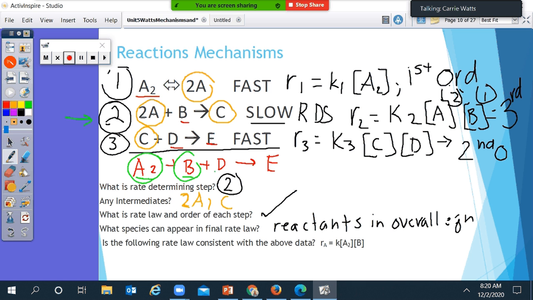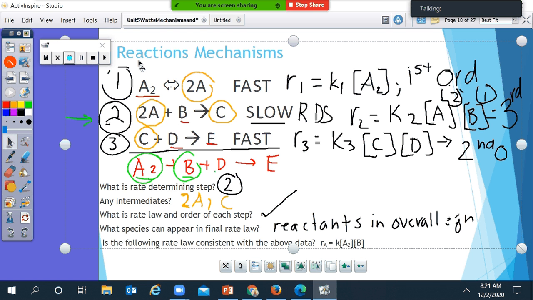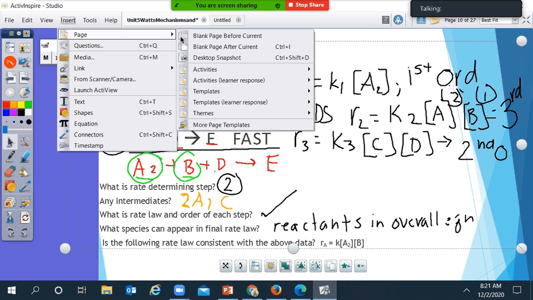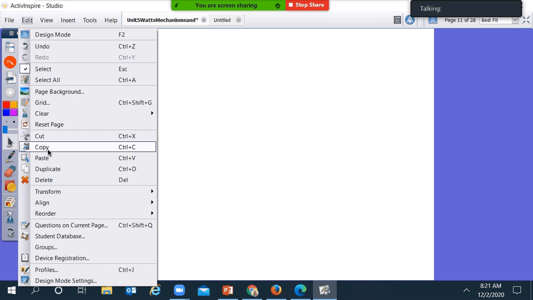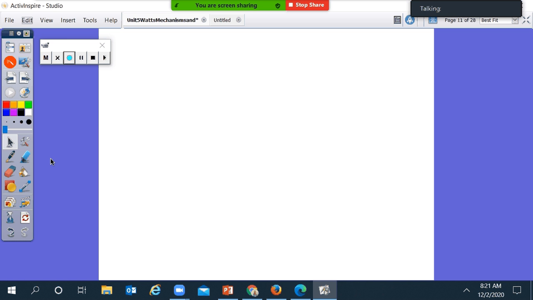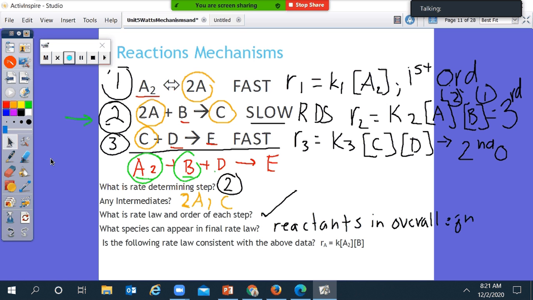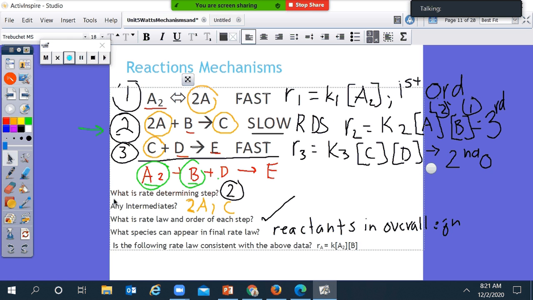Is the following rate law consistent with the above data? Well, let's look. Let me copy this to another page. Okay, there we go. I'm going to get rid of a couple things on this page. I have some more room.